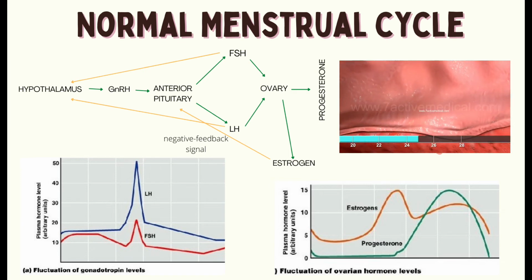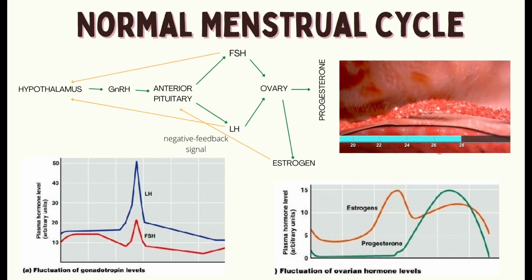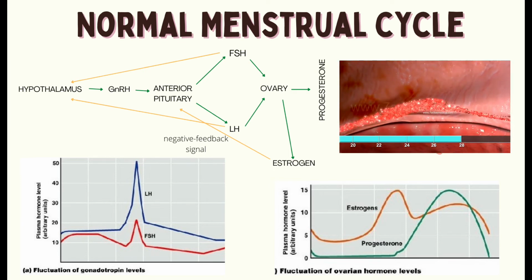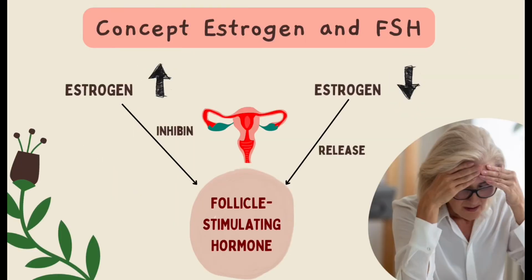Next, you will see the relation between the menstrual cycle and menopause. When the estrogen level is increased or at a high level, this will inhibit the secretion of FSH, while when the estrogen level is decreased, it will release FSH.